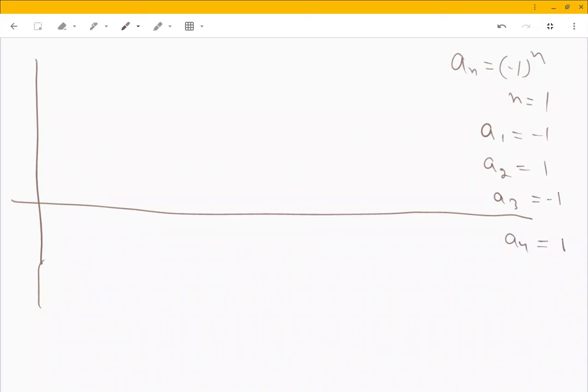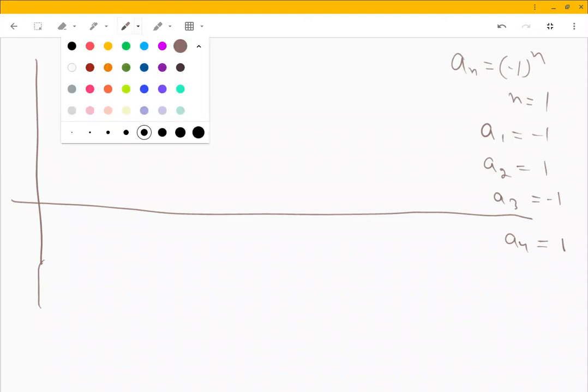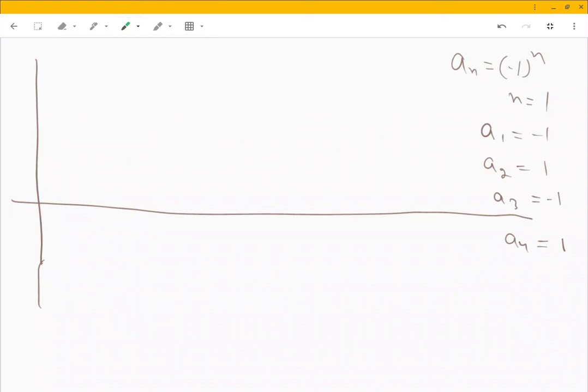So the terms of this sequence, I'm not drawing the index and scale now, I'm just drawing the points, okay? And see, a1 is negative 1.